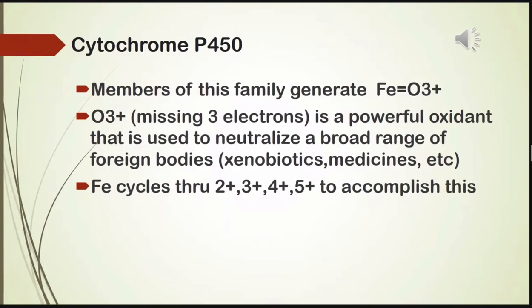This powerful oxidant is used to neutralize a broad range of foreign bodies, so xenobiotics, medicines, etc. This is accomplished with iron cycling through 4 different valence states, so ferrous, ferric, 4+, and 5+, in a very complex set of reactions.